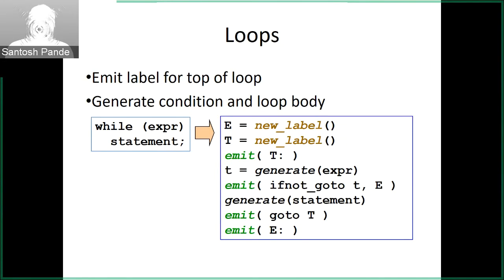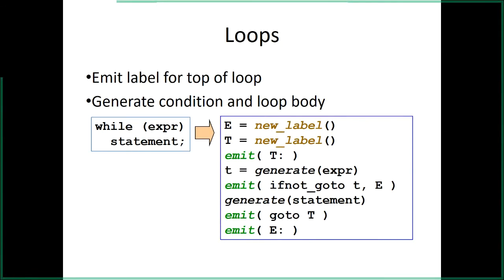And then if it is not branched out, we have a generate statement, of course, to implement the body of the while. And then we do have a go to T, an unconditional one, which is interesting because we are continuously executing the while statement at the top level at T, and then we just have an exit E.